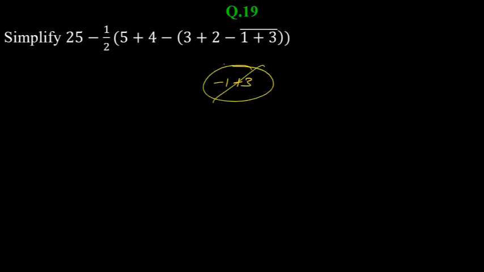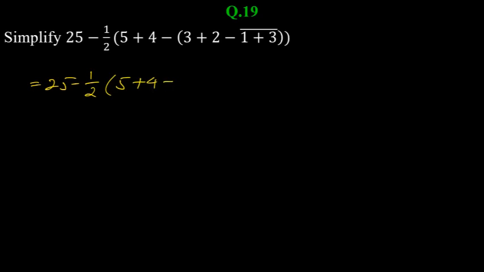No. So you will solve it as 25 minus half, 5 plus 4 minus 3 plus 2 minus 1 plus 3, 4. So this is how vinculum works. Sign will not be considered which is outside vinculum.